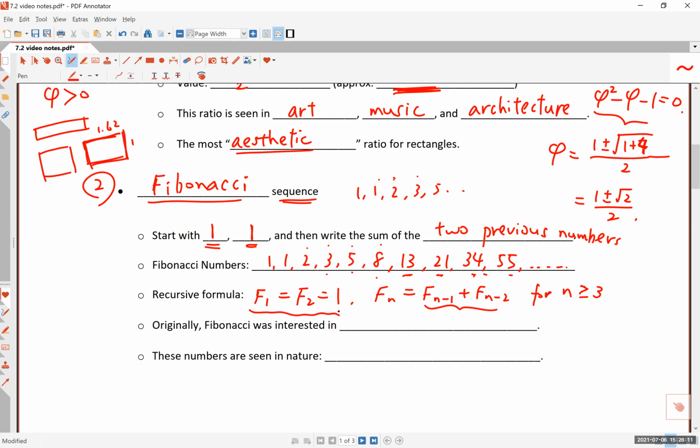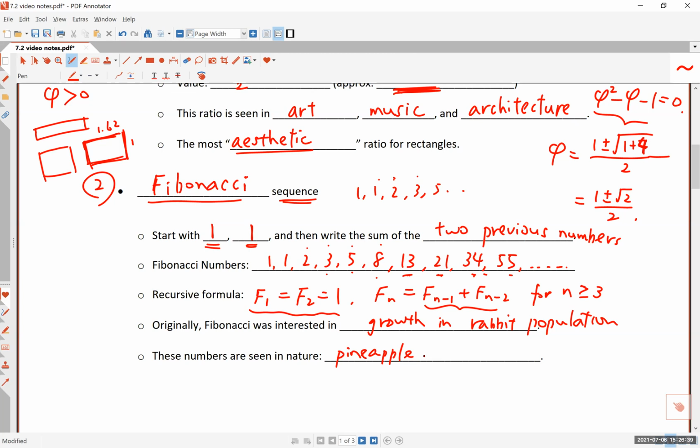Now again, originally the Fibonacci, the scientist in Italy, was interested in growth of rabbit population. The numbers are seen in nature. So for instance, this is a part of what you will be doing for your either your homework or your online quiz.